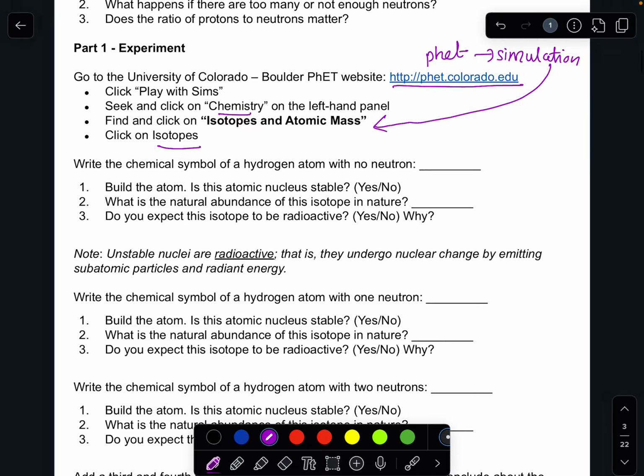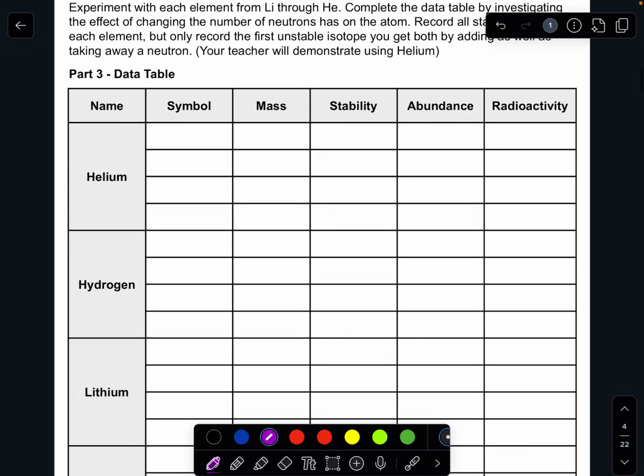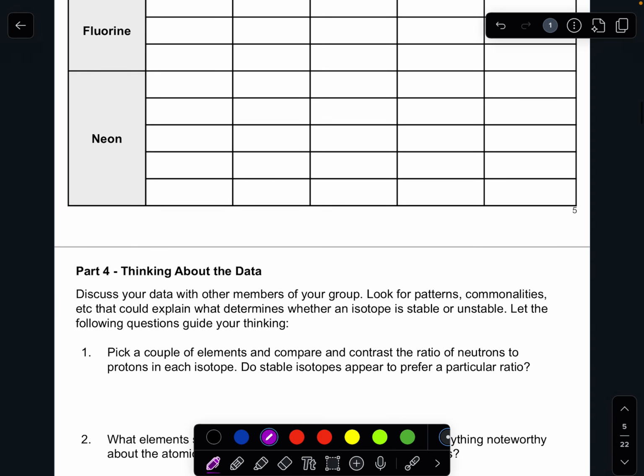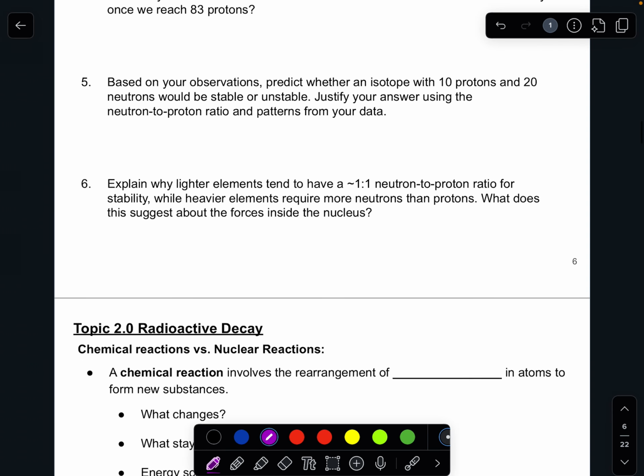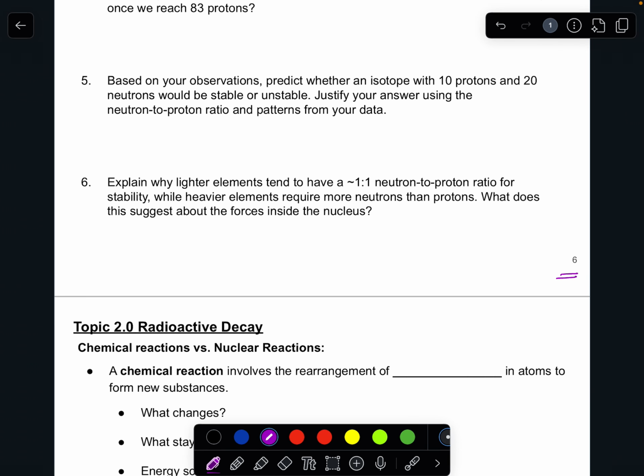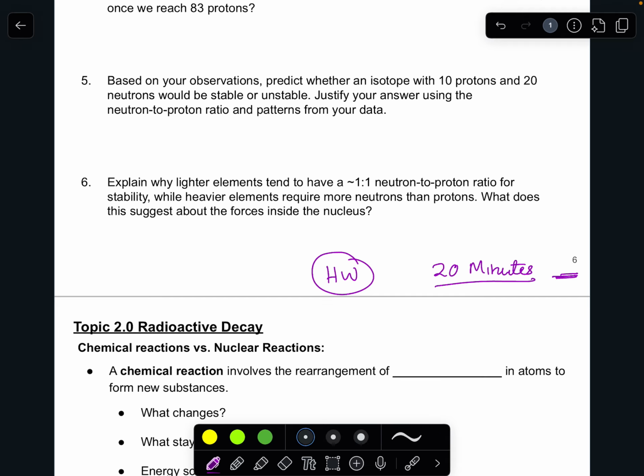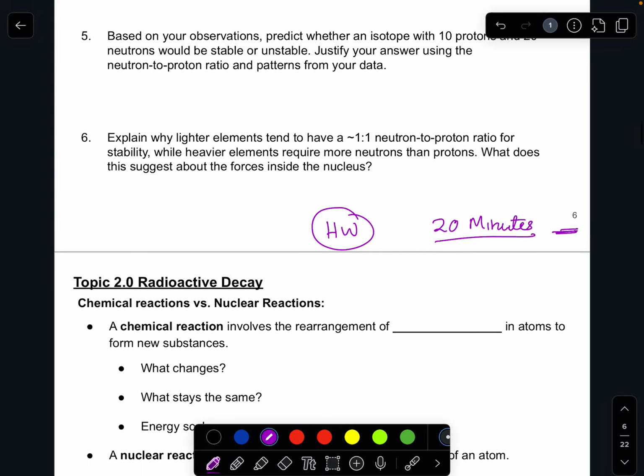Okay, and you are answering all the questions including this table until the page number here, and you will get a total of 20 minutes to do that in class. Okay, if you didn't finish, that will turn into what? Homework. So it is mandatory to do it because that will help you conceptually understand. The topic is very easy, but you need to understand it conceptually.